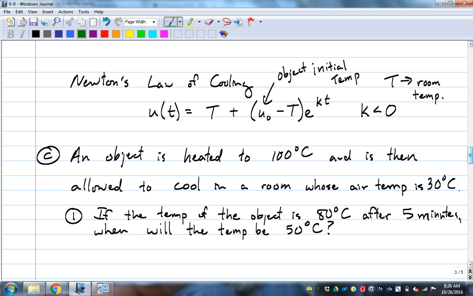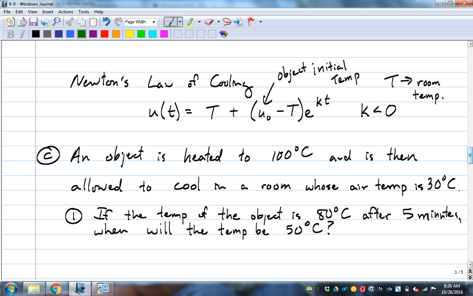Okay, so the room that they're setting it in is 30 degrees Celsius. The initial temperature of the object is how much? 100 degrees. That's the initial temperature. Okay, so did they tell us the cooling rate of this particular object? No. Every object has a different cooling rate, depending on what it's made out of.